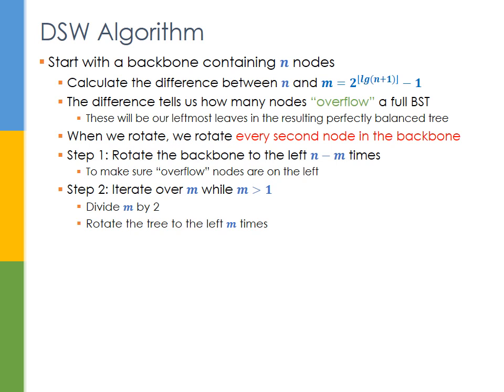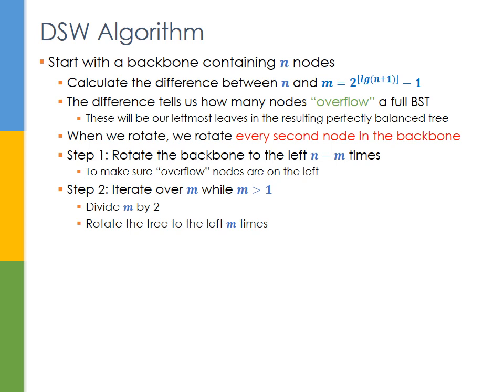Now we can move on to calculating how many left rotations are required in order to create a perfectly balanced tree. So as I've previously mentioned, we already know how many nodes there are in the backbone, the total number of nodes in the tree, and that we refer to as n. We then calculate our m value as we did on the previous slide, and this represents the number of nodes in the largest full tree that we can construct given n.